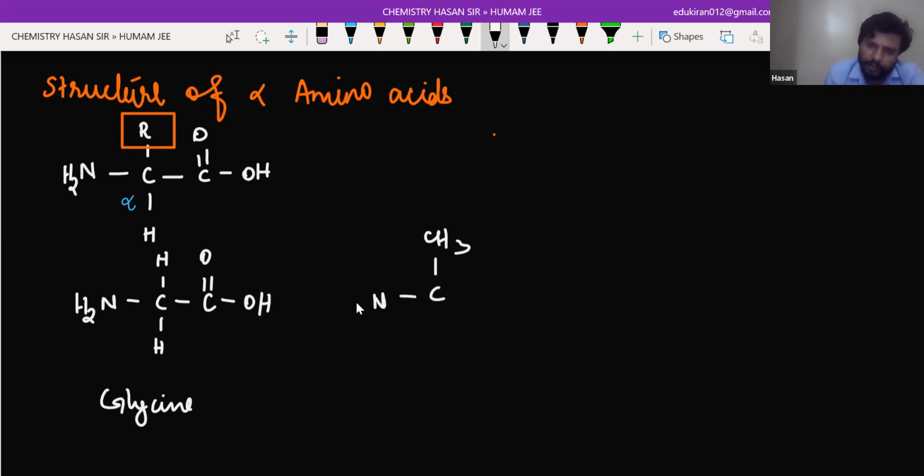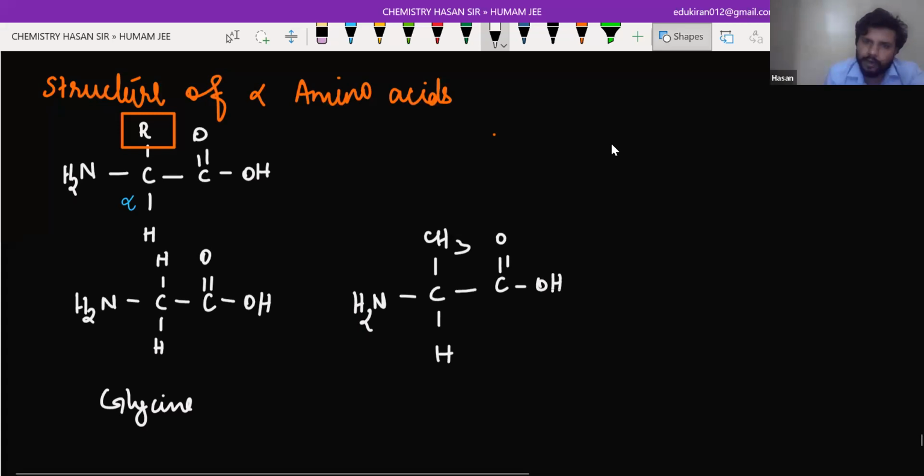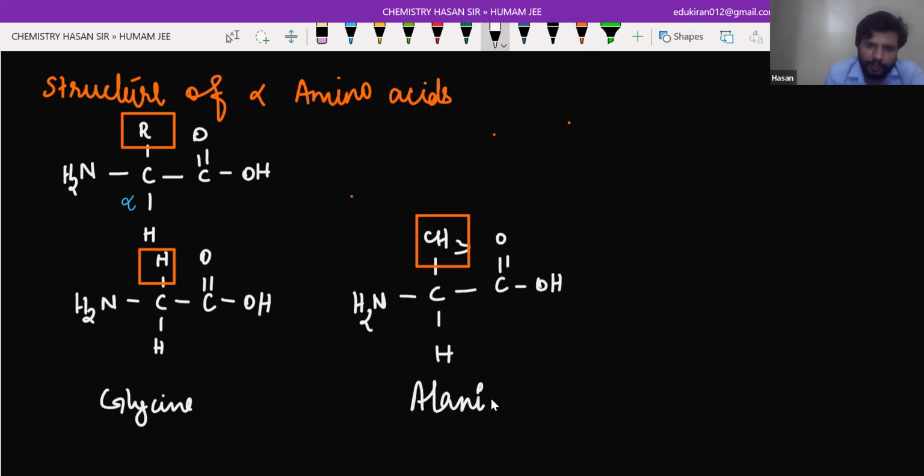I'm going to write this NH2 as it is. This is your H, and this is your carboxylic acid. So what I did is very simple. I just replaced R with CH3, and here I replaced it with H, and this has the name alanine. Are you getting my point?